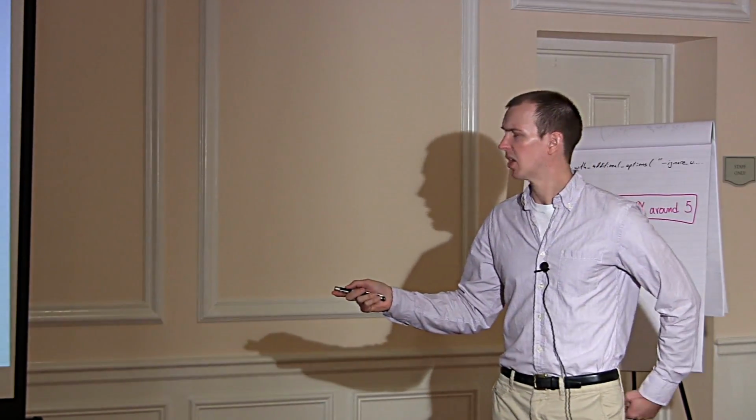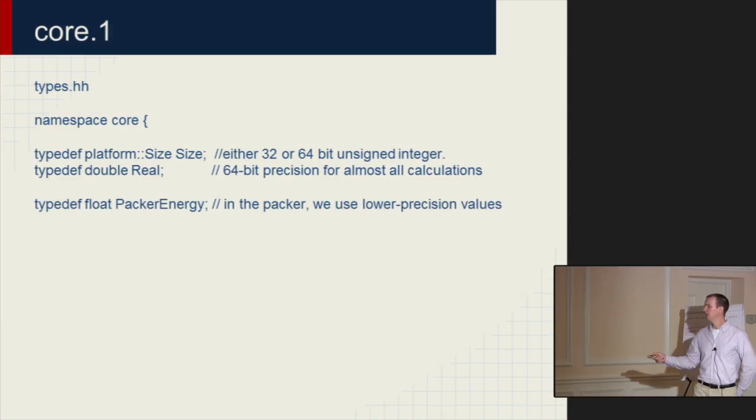Also, there is this. I just thought I'd mention it. This PackerEnergy, which lives in core as well, is typedef'd to float in all cases. In the packer, it's a less numerically precise algorithm.